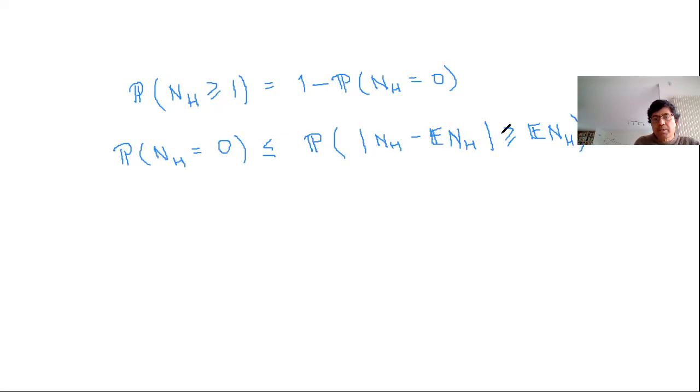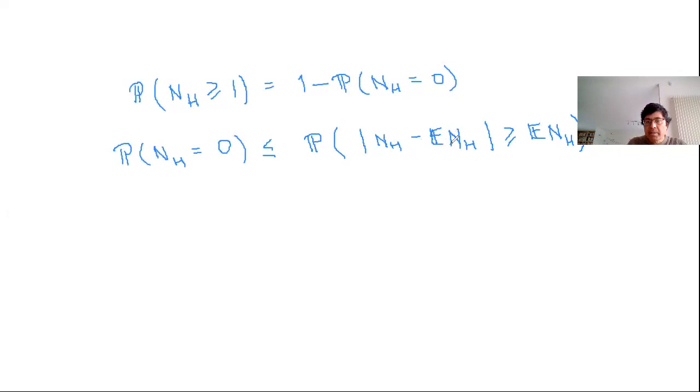Okay, why is this inequality true? It's true because the event for which we are calculating the probability on the left-hand side is a subset of the event on the right-hand side, meaning that if this happens, it implies that this also happens. Why is that? What's the event on the right-hand side?